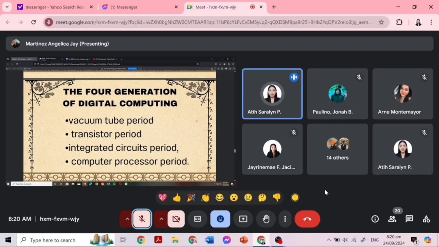Every time the clock ticks, the processor can perform one or more small tasks, such as processing data or moving information. In simple words, the computer processor period is the time it takes for the processor to do one basic task or operation. The processor has a clock that ticks, and each clock tick lets it complete one task. The faster the clock ticks, the quicker the processor can work.